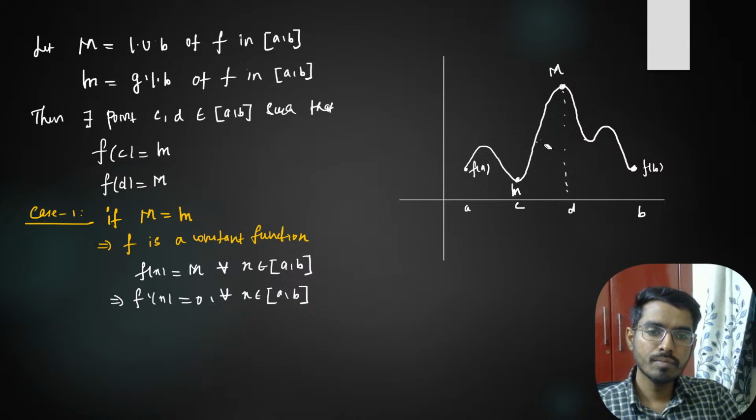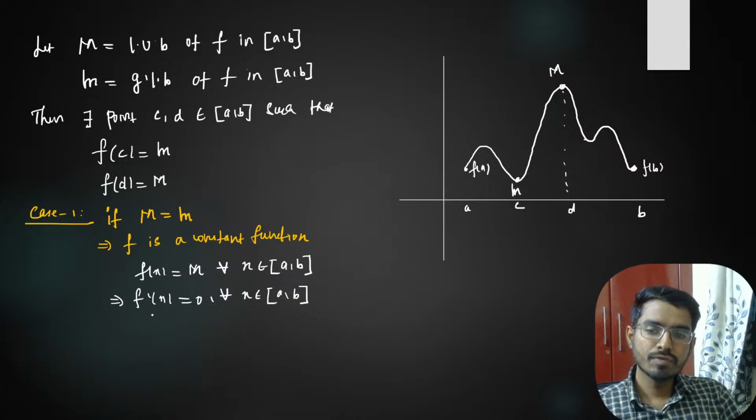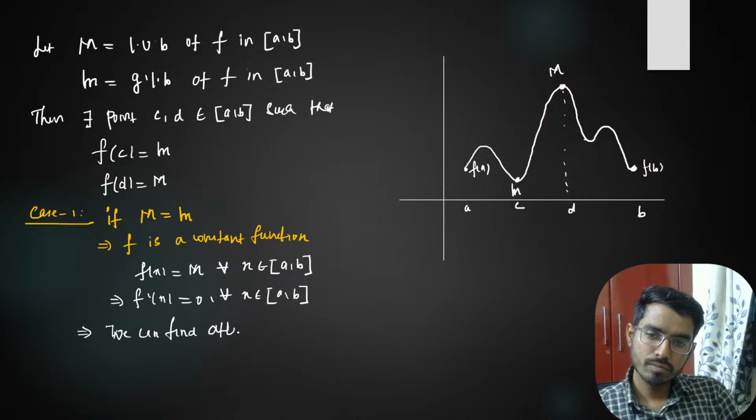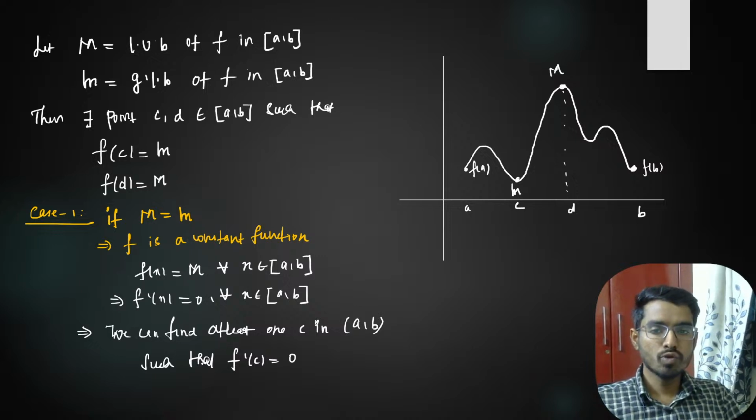That means f dash of C is equal to 0. This implies we can find at least one C in the interval a comma b such that f dash of c is equal to 0. So case 1 is true, right?